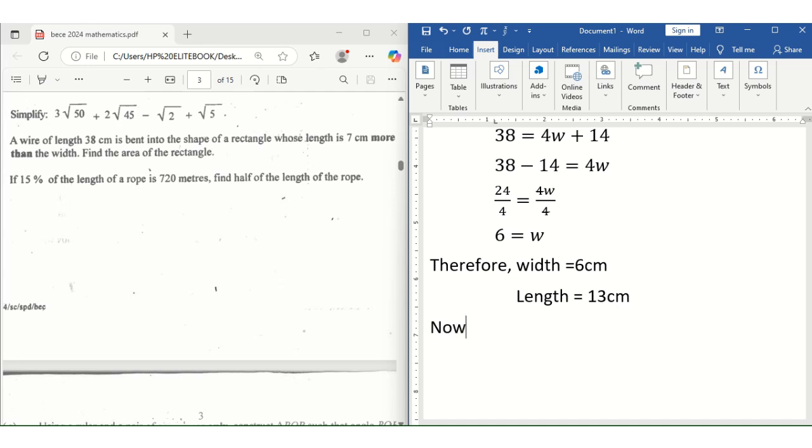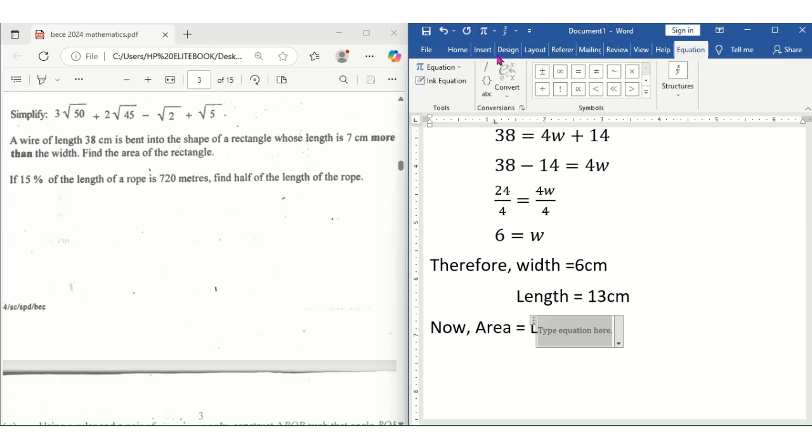Now, we are not done because the question says we should find the area of the rectangle. If you look at the question from my left hand side, it says find the area of the rectangle. Now, we need to use the area of a rectangle formula, which is length times width.